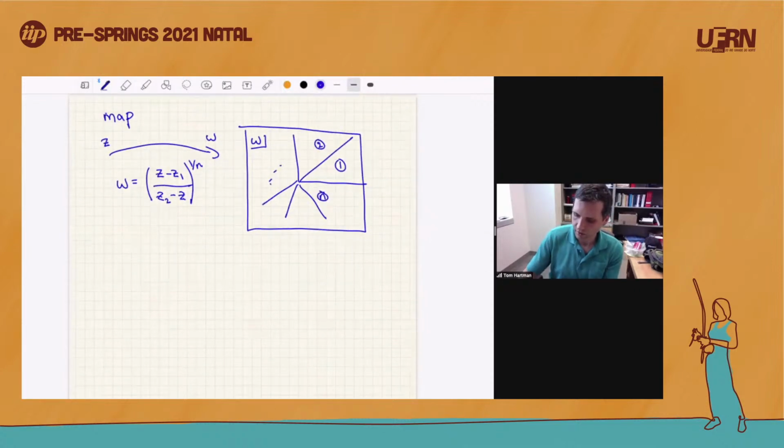Now, the advantage of doing this is that we're doing conformal field theory, and in conformal field theory, we know that the stress tensor vanishes on the plane. So the expectation value of the stress tensor on the w plane is therefore 0.